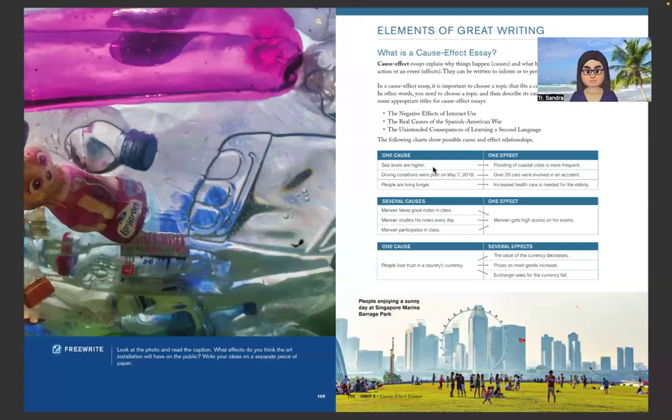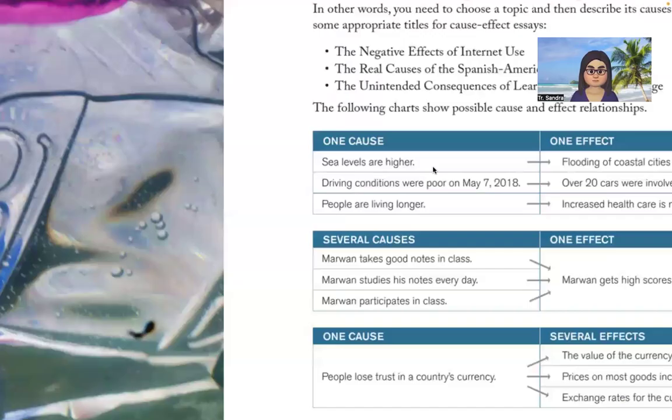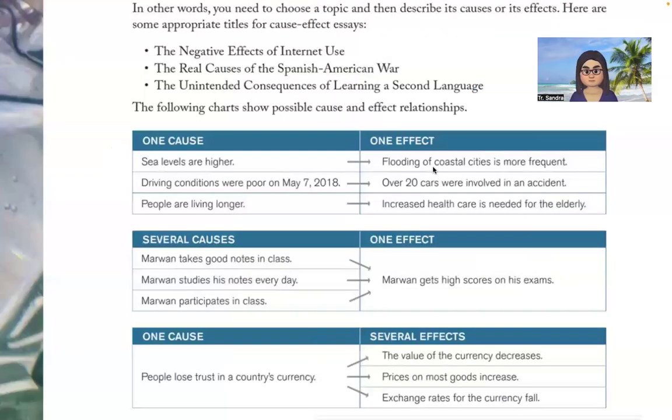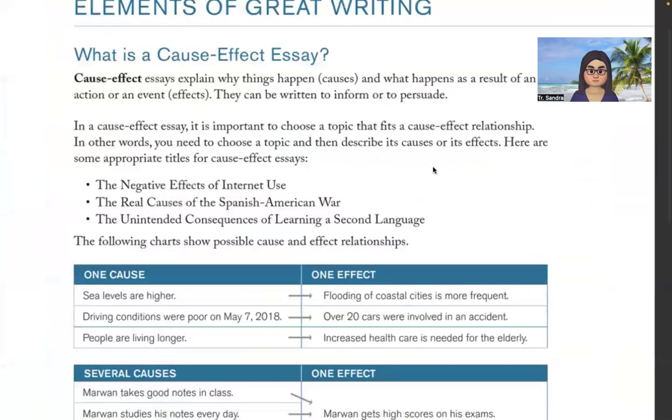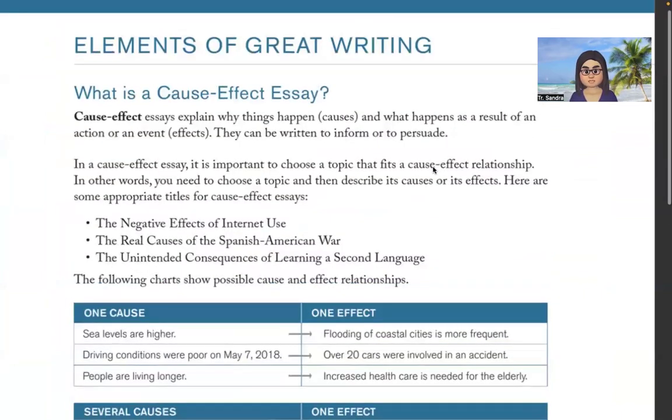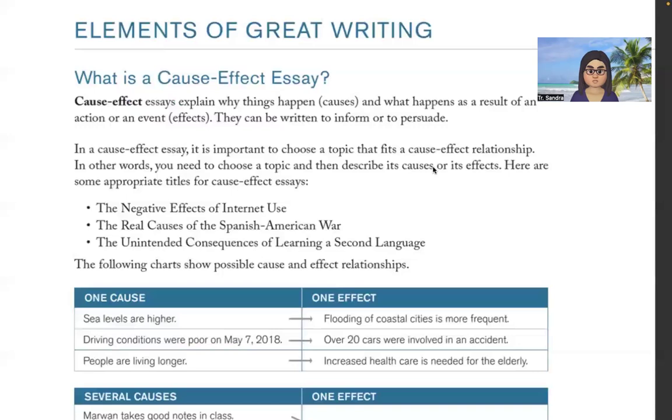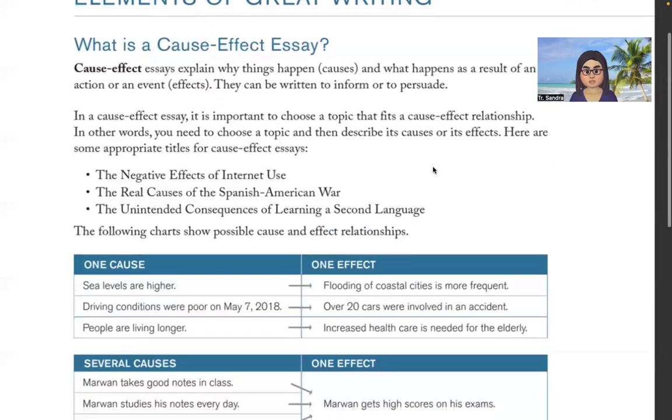This is cause and effect. So what is cause and effect, essay? Cause and effects explain why things happen, okay? And what happens as a result of an action or an event. These are the effects.